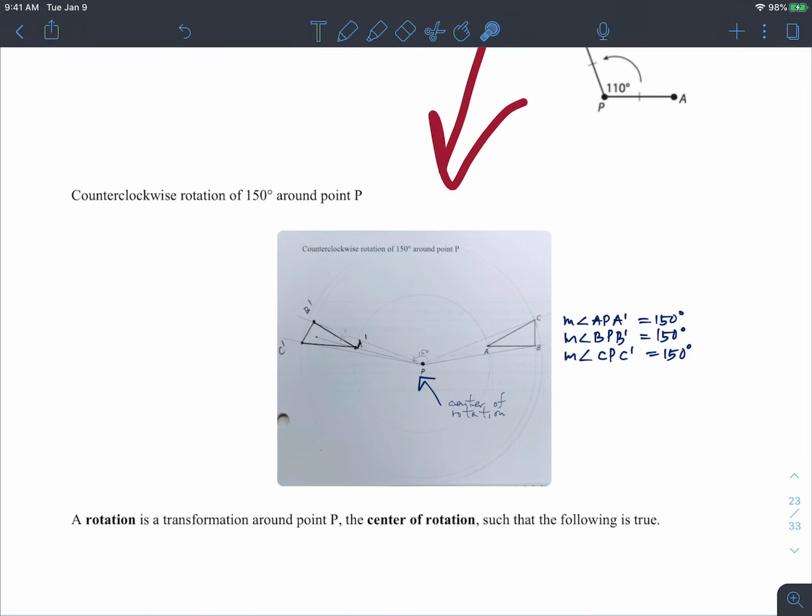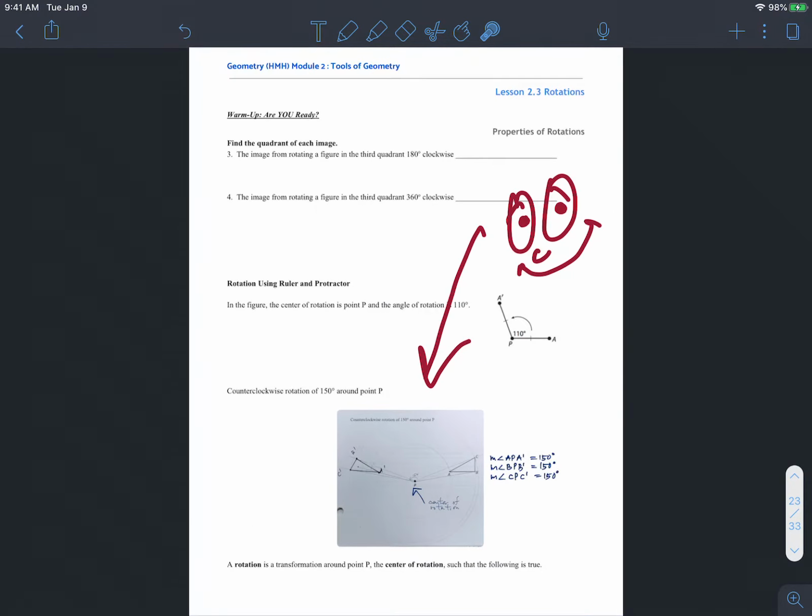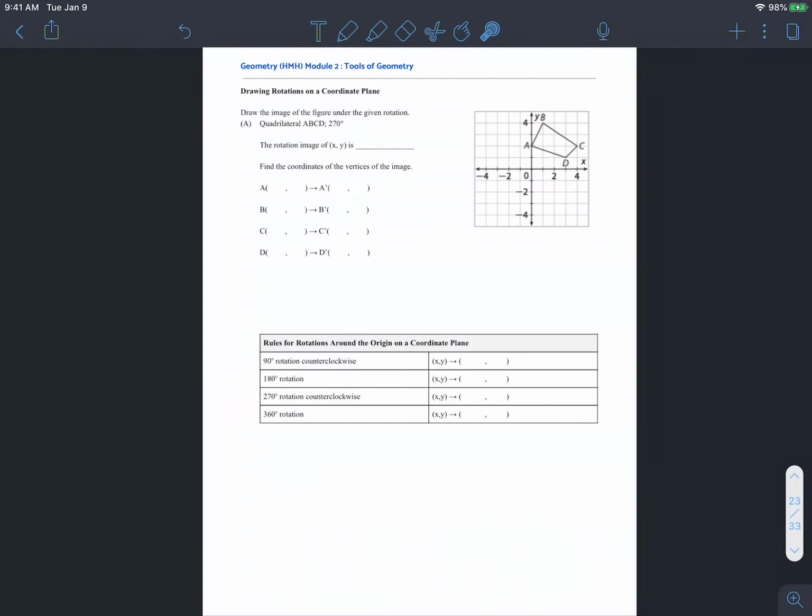Okie dokie. All right, guys. So we're going to learn some rules right now. Doing that algebraically is very challenging for 150 degrees, but we do have a way to do it for other angles that are a little more manageable, right? And that's exactly what we're going to do.